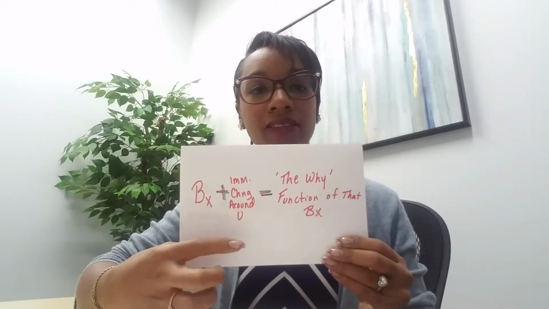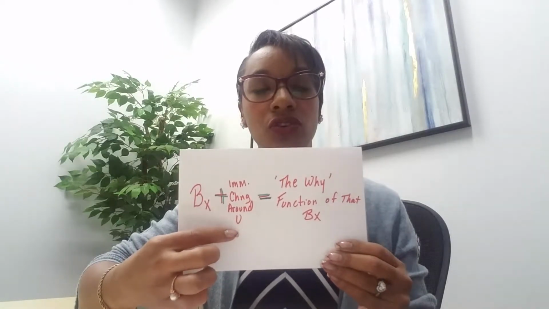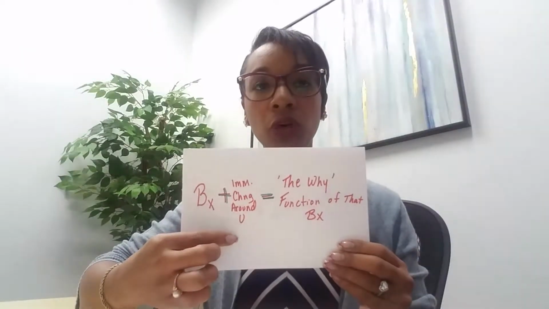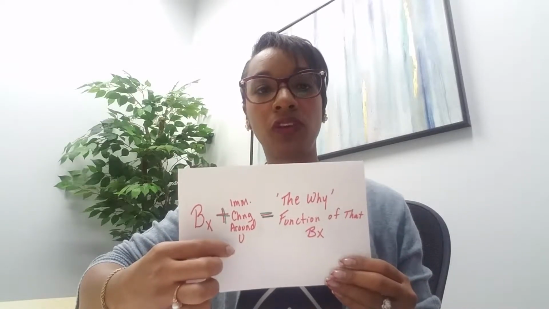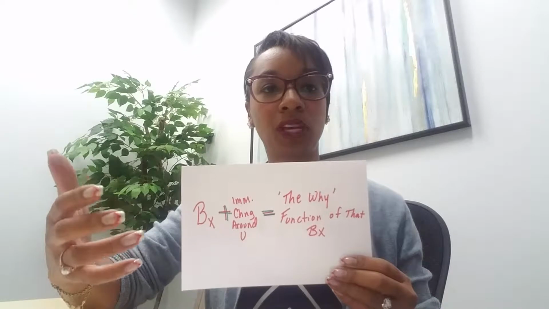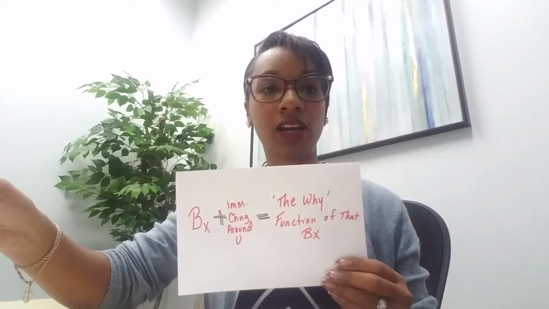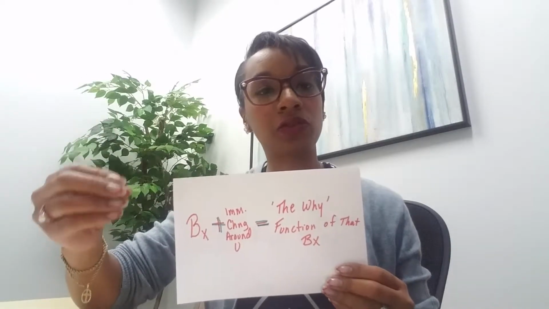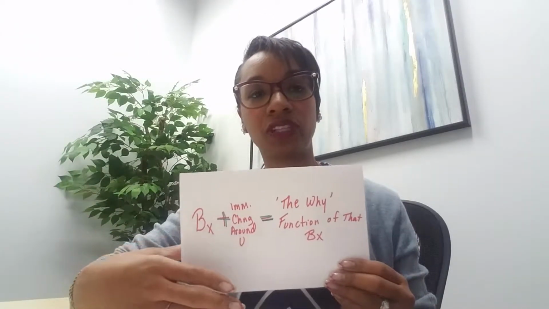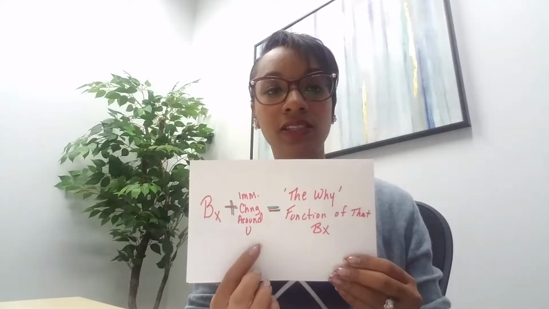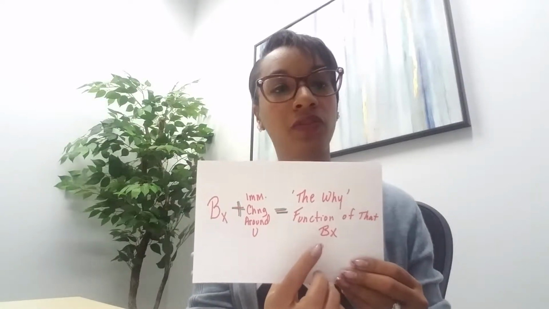And then you add to that the immediate change in the environment. The only time it's not going to be the immediate change in the environment is when you're thinking about, okay, it's a sensory behavior, so I didn't see a change in the outside environment, but nonetheless, there was still an immediate change to occur. It was just inside, internally in that person. And then those two things together equals the why or the function of that behavior.